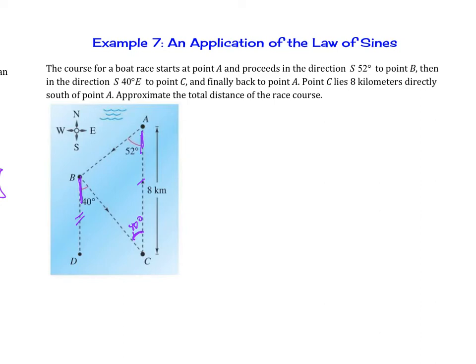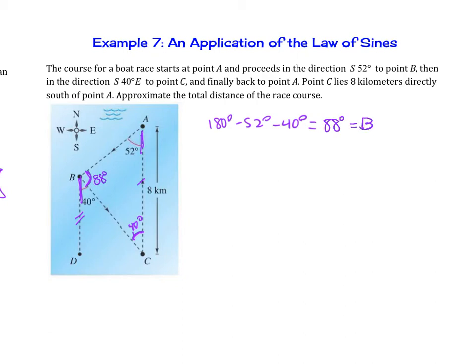Then knowing that that is 40 degrees, we can figure out this angle here. So that angle will be 180 degrees minus 52 degrees minus 40 degrees. So that gives us 88 degrees for angle B. So this is 88 degrees.